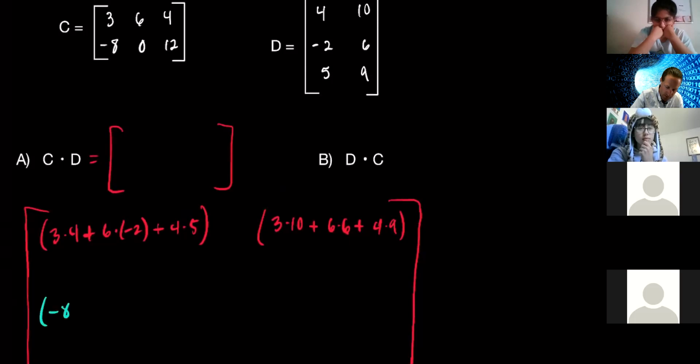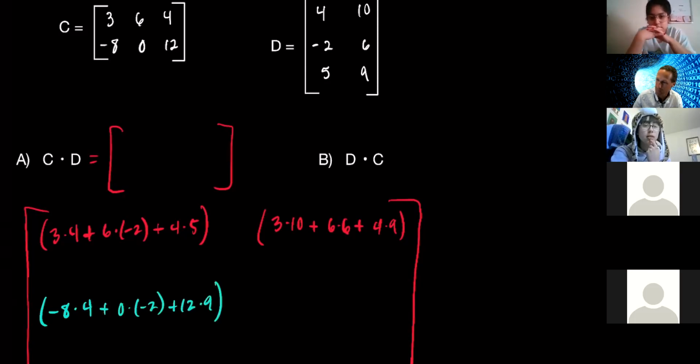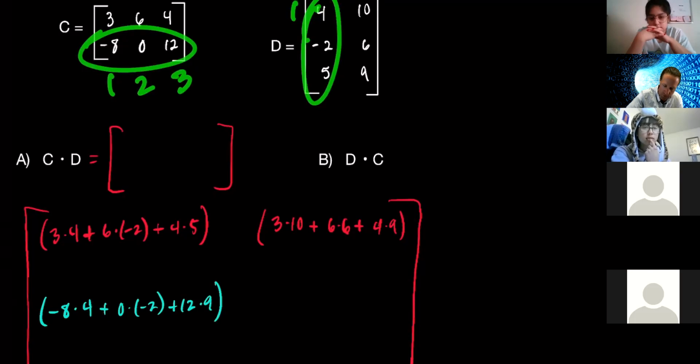So I'll get negative 8 times the first thing, which would be 4, plus the 0 times the negative 2, and then the 12 with the 9. So all of these with all of these, first, second, and third, first, second, and third.